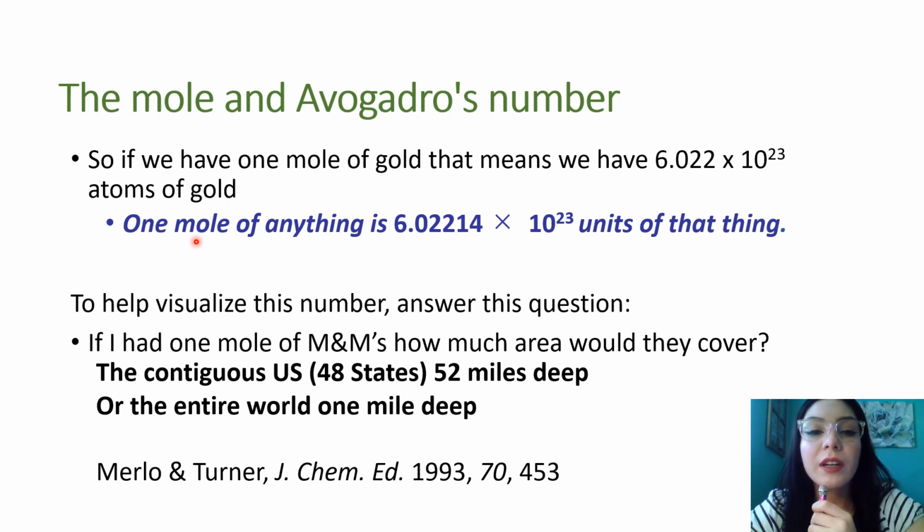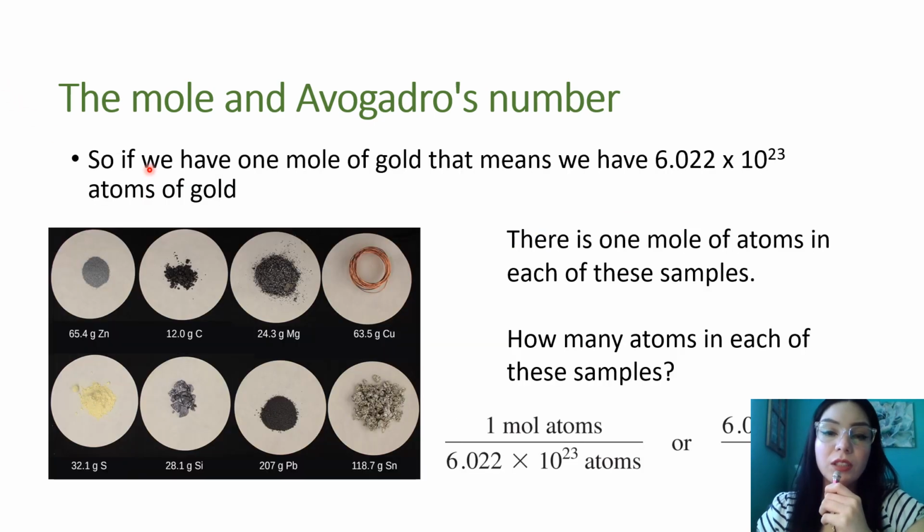It could either cover the contiguous US, the 48 states that are together, 52 miles deep, or the entire world 1 mile deep. M&Ms. Imagine that. That's how much a mole of them would cover. So again, just something visual to help you understand the mole and Avogadro's number.